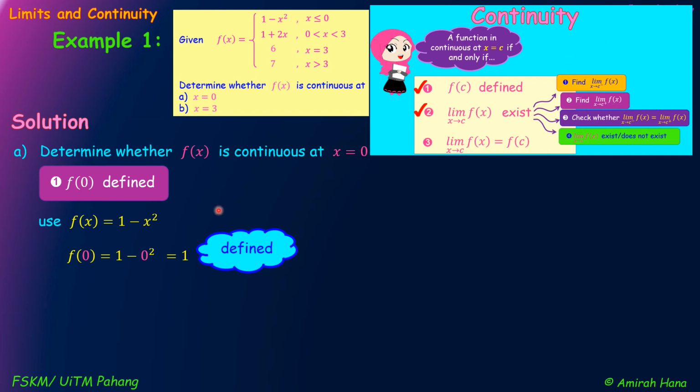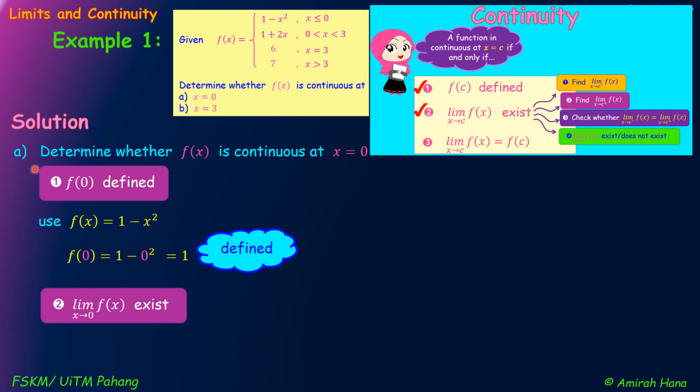Alright, so now we proceed with condition number 2. Limit x approaches 0 of f(x) must exist. Why do we use 0 here? Because we want to determine whether f(x) is continuous at x equals to 0. In this general formula, we use x approaches c because a function is continuous at x equals to c.